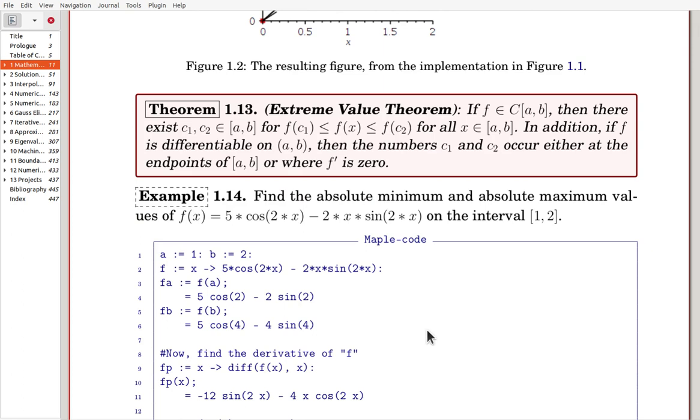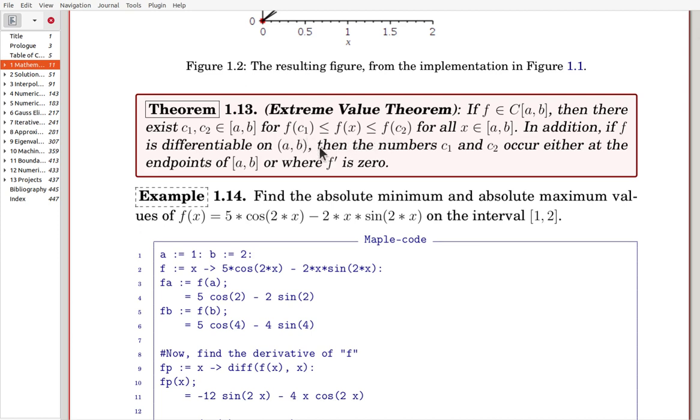Extreme value theorem. If f is continuous over a closed interval, so here the condition is f is continuous over the closed interval, then there exist c1 and c2 in [a, b] such that function values are between f of c1 and f of c2.